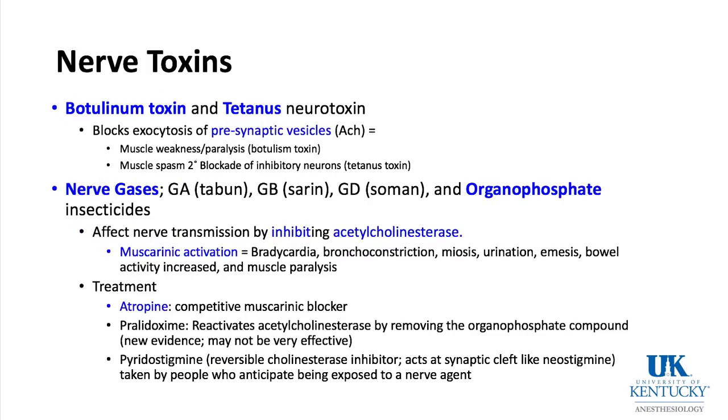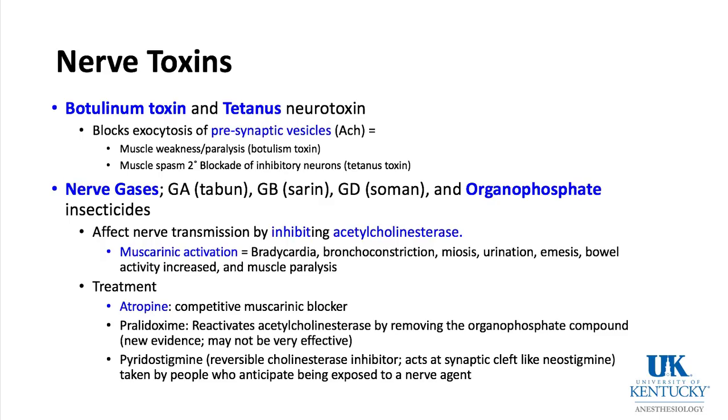Nerve toxins. Let's look at botulism toxin and tetanus neurotoxin first. Both of these toxins block exocytosis of presynaptic vesicles of acetylcholine. So you say, well, why does botulism then cause muscle weakness and paralysis, but tetanus causes tetanic muscle contraction?